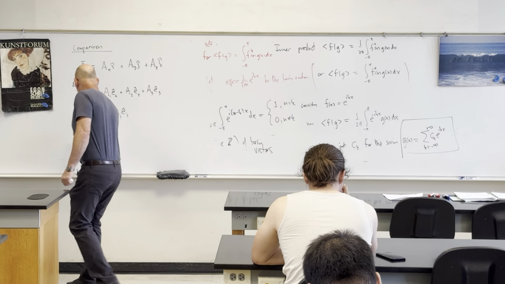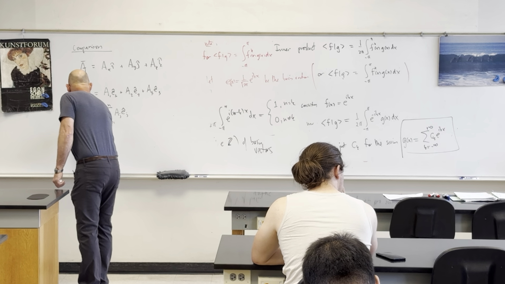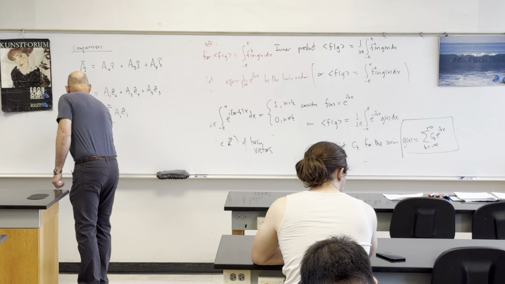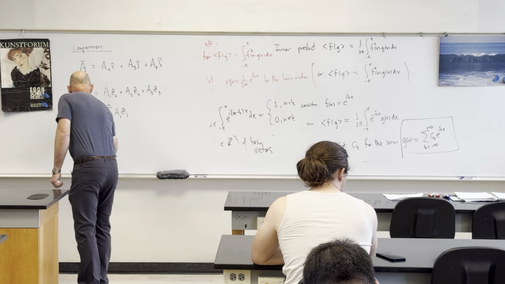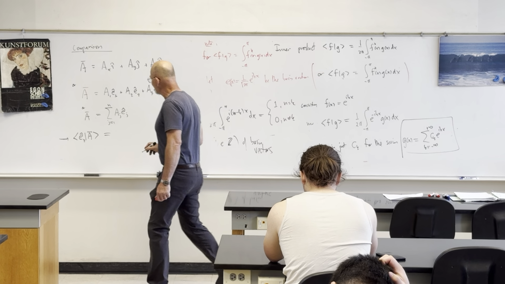Then if I multiply e sub k hat to this vector A, what does that do?